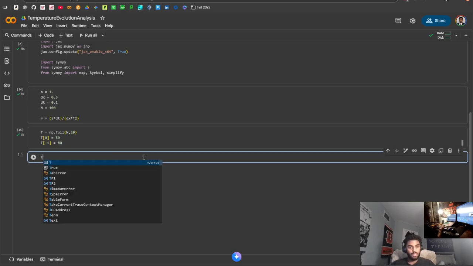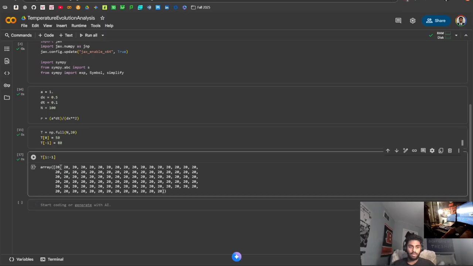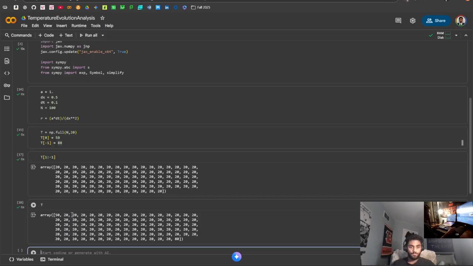So in Python indexing, if we were to say T1:-1, we see that this first 50 is not there, so that's position 1.